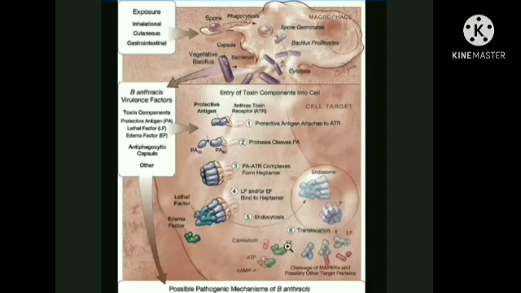Now, another target the edema factor will act on is the neutrophils. Neutrophils are another primary target cells of the host which the edema factor targets, and they will try and destroy the neutrophils.